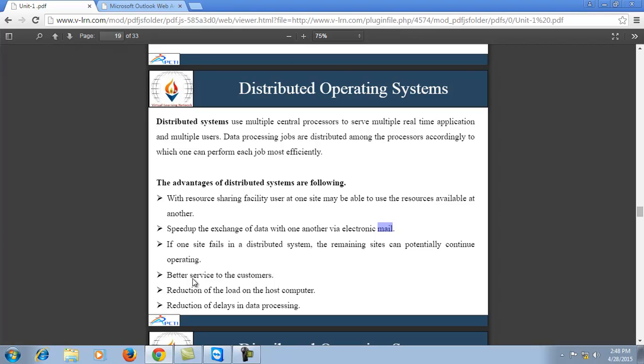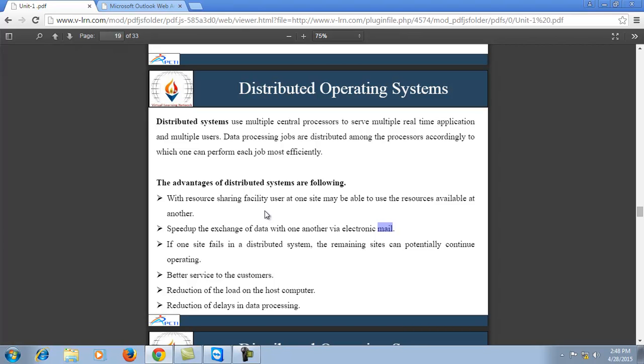Next, better service to the customers. It provides better service because it is not a central system. A central system gets much slower if a number of users are accessing it simultaneously. Like when a university result is coming out and a number of students are accessing the same content on the same website, the website gets slow.